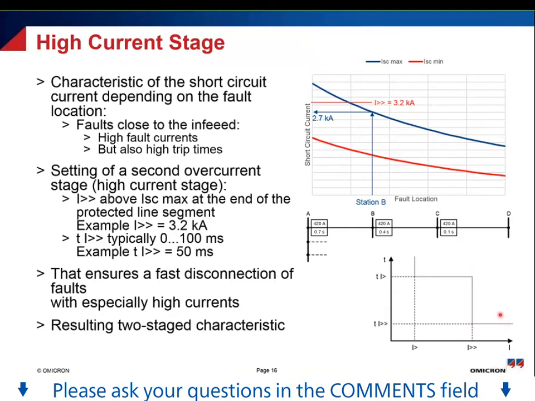So with this we are able to disconnect faults which are very close to our protection system or very close to our bus bar faster. The same rules can also be applied to inverse characteristics. I could have a characteristic which goes in an inverse way like this here as well.